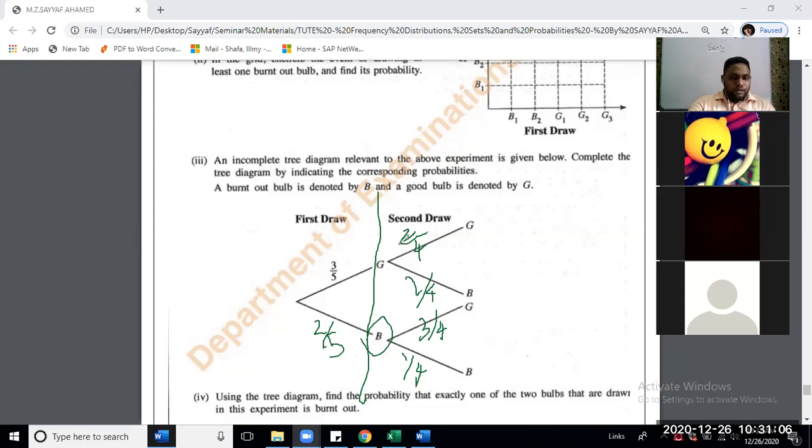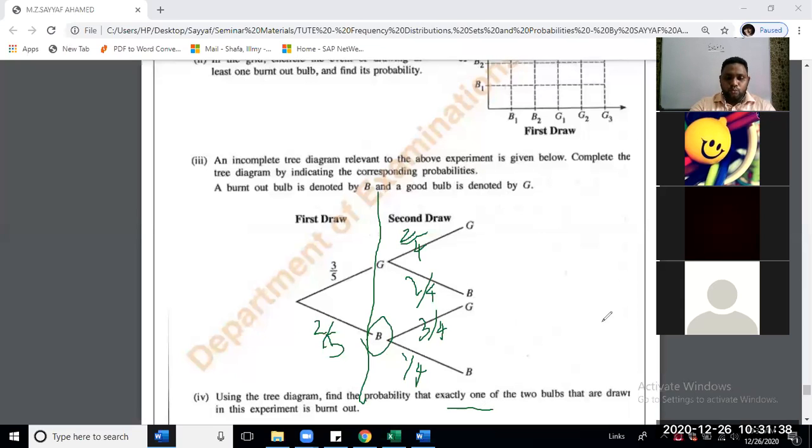Using the tree diagram, find the probability that exactly one of the 2 bulbs that are drawn in this experiment is burnt out.